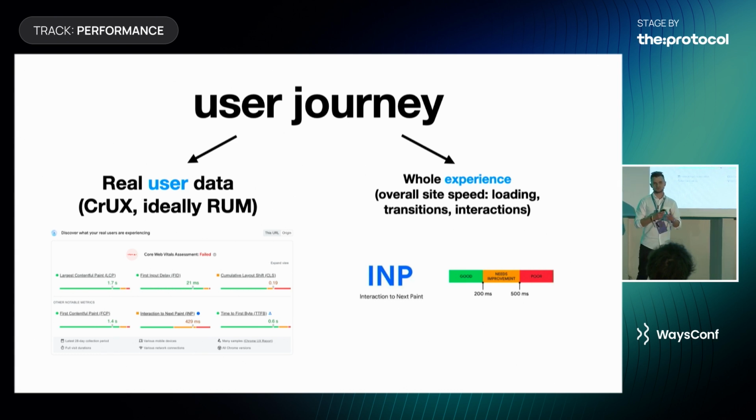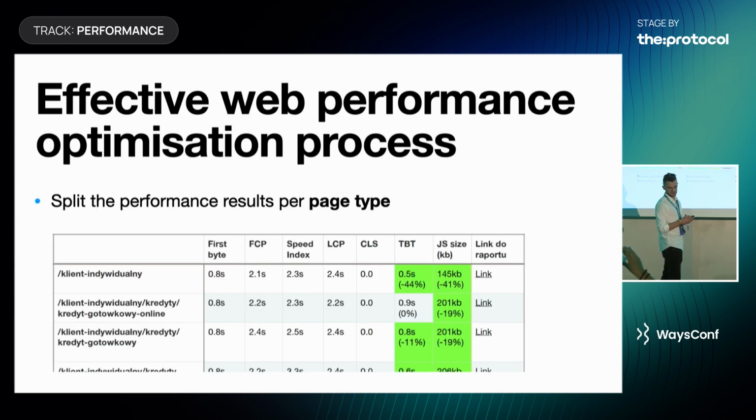And these days, in my opinion, nobody cares about the Lighthouse score. We shouldn't focus on that. By journey, I mean the whole experience: overall site speed, like loading, but also transitions and interactions. We have Interaction to Next Paint becoming a Core Web Vital in 2024, which is a really difficult one to improve, but I will talk about it a little bit later.